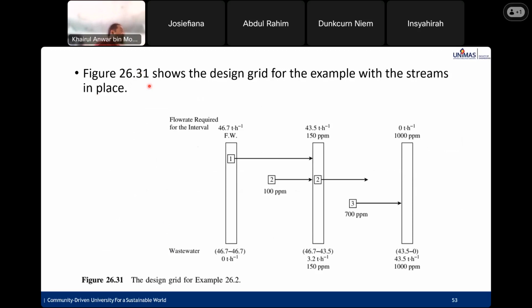Figure 26.31 shows the design grid for the example with the streams in place. We have 3 water mains. So the fresh water feed is 46.7 ton per hour and the pinch is 43.5. The intermediate main is 150 ppm. The last outlet is 1000 ppm. Each stream here will have a first stream 0 to 150.